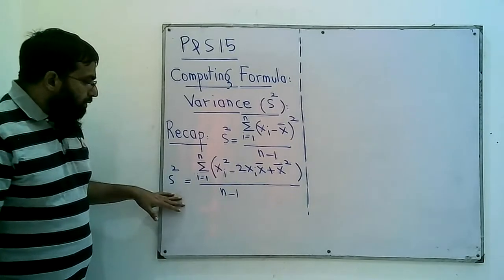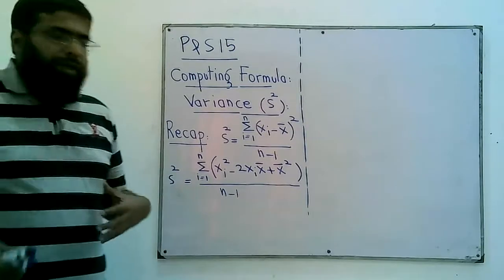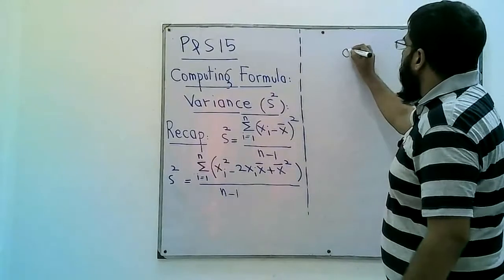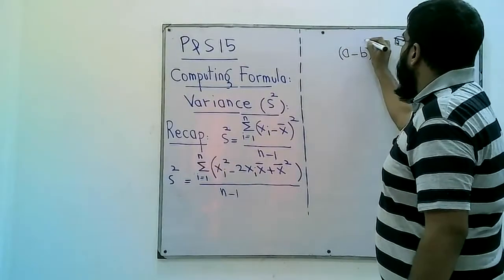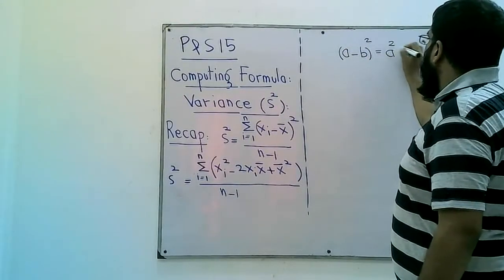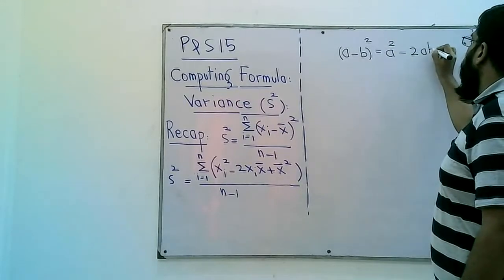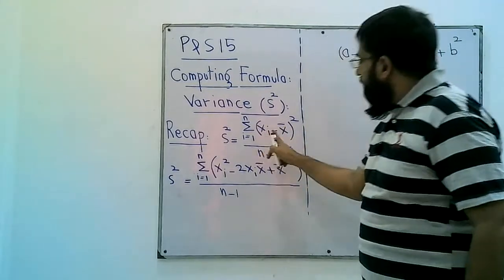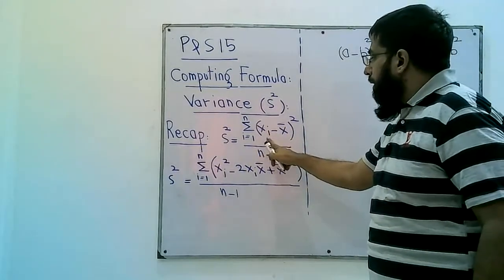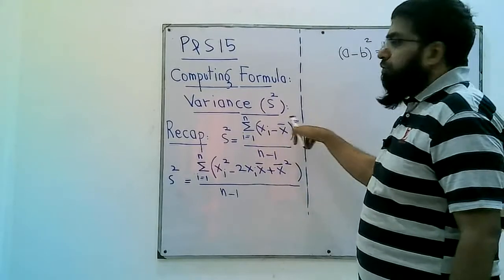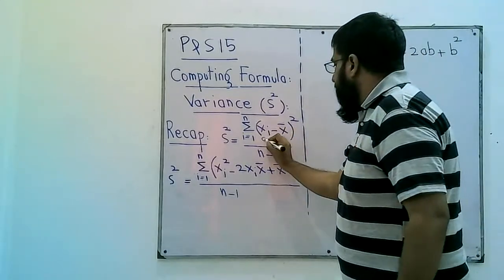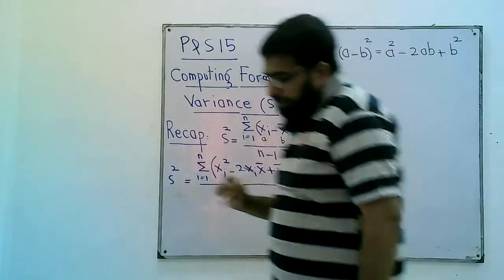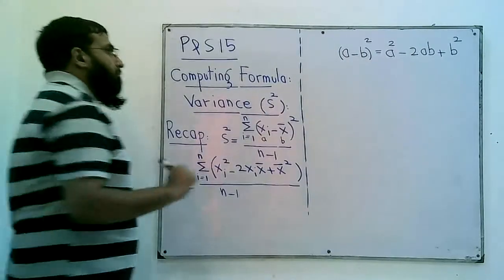Right, so for s squared, we can apply the basic formula of (a minus b) squared that we studied in school. (a minus b) squared is a squared minus 2ab plus b squared. Here, xi is a and the mean of x is b.